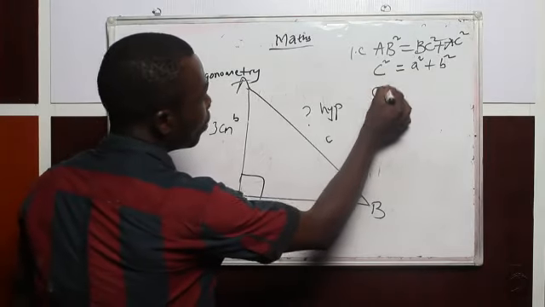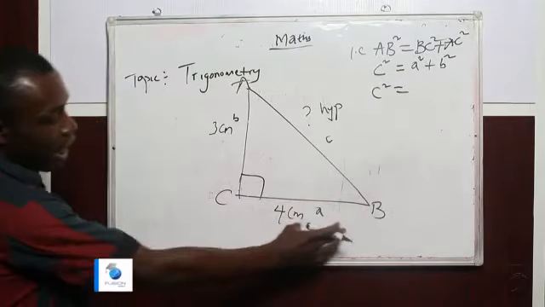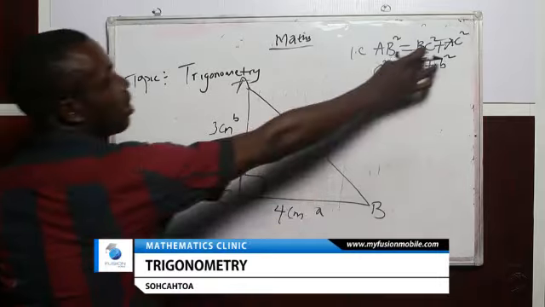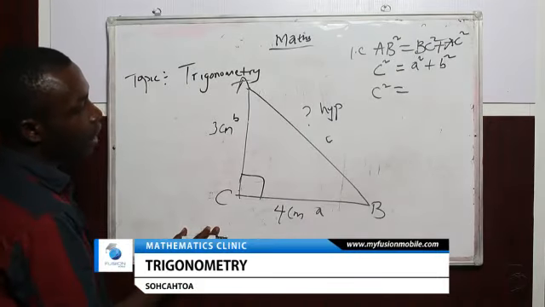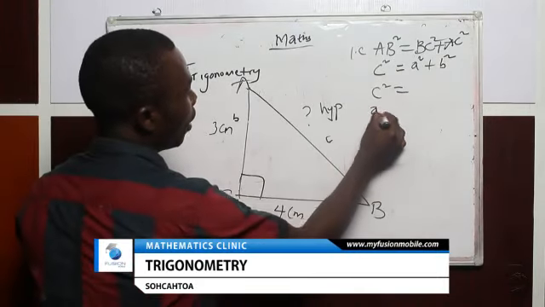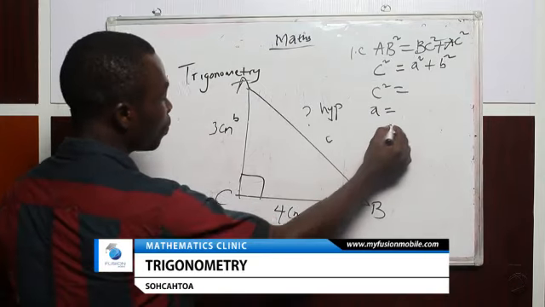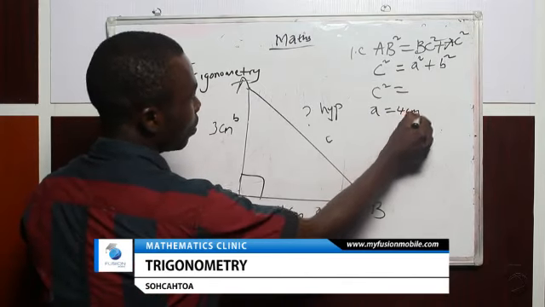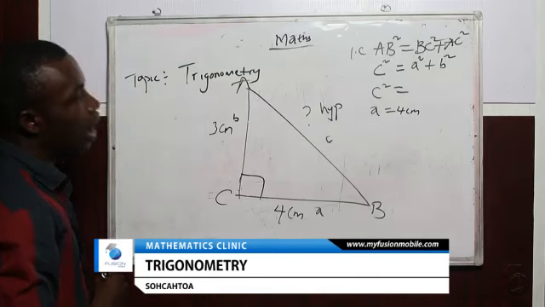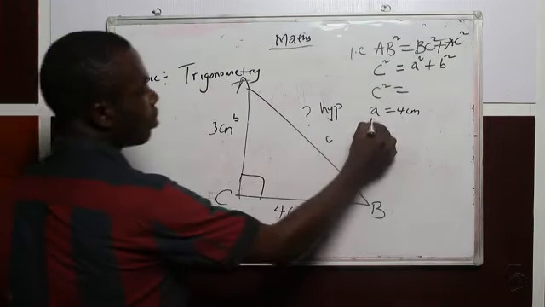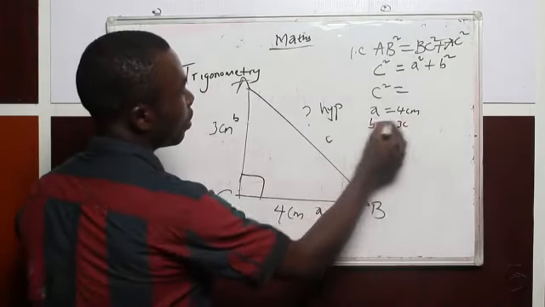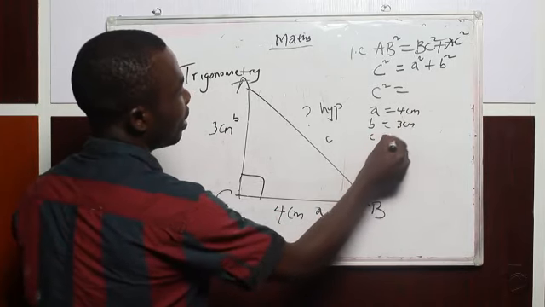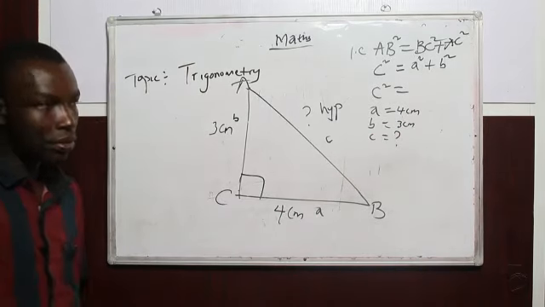Pythagoras said C square is equal to A square plus B square. Our A square is what? Our A is equal to 4 centimeters. Our B is equal to 3 centimeters, while our C is unknown.